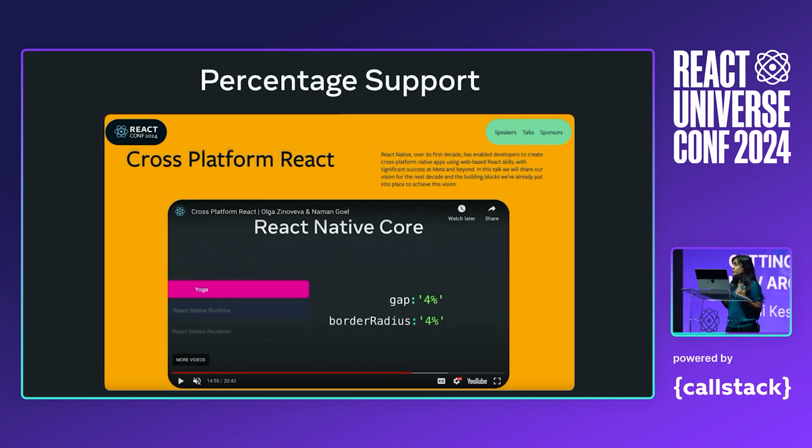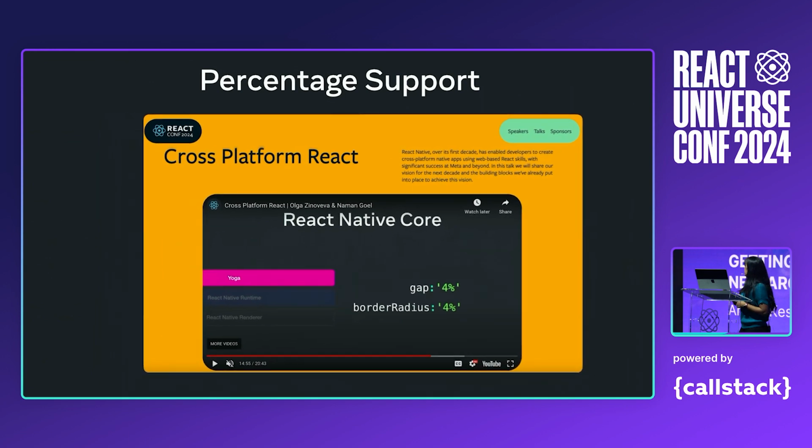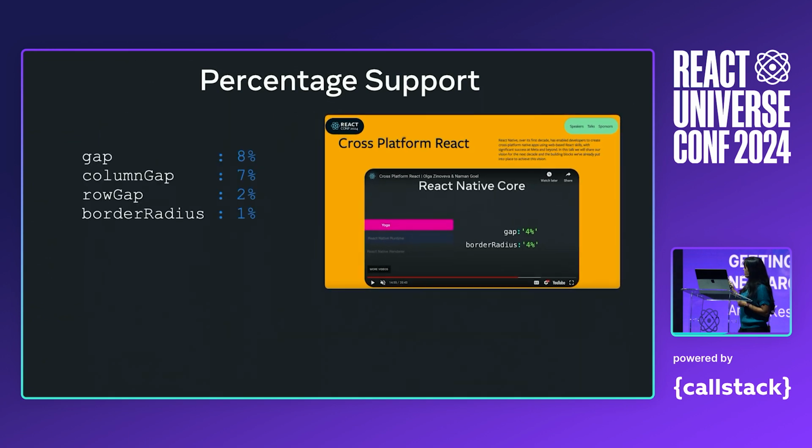One such pretty cool new architecture-only feature is the percentage support that my colleagues Olga and Naman introduced at their React Conf talk, the next decade of React Native. With the 0.75 release, one highly requested feature for Yoga was the percentage support at various places, in addition to points, like gap, column gap, and row gap.